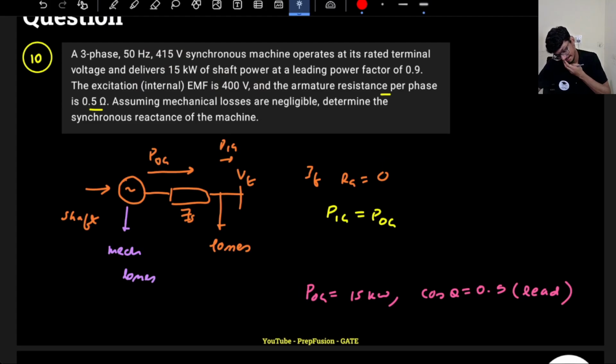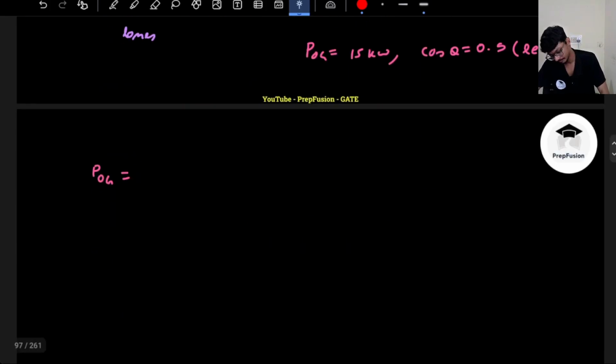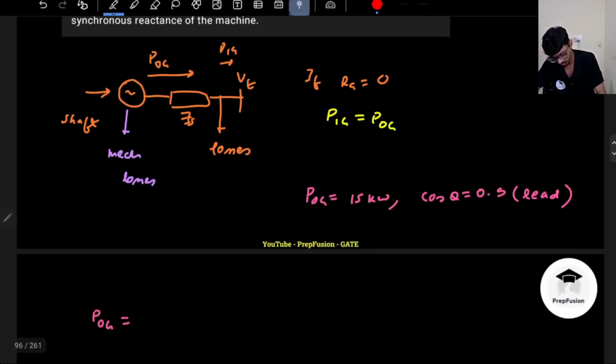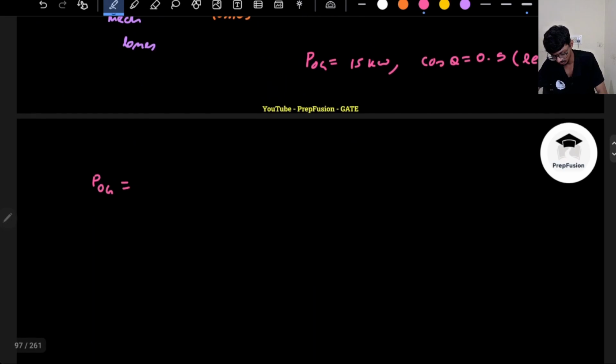How do I find this out? One thing I know is that POG will be equal to whatever losses are happening here plus PIG, the input power that is getting delivered to the load.